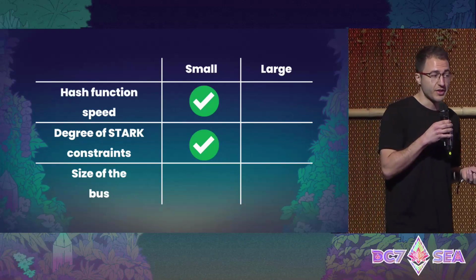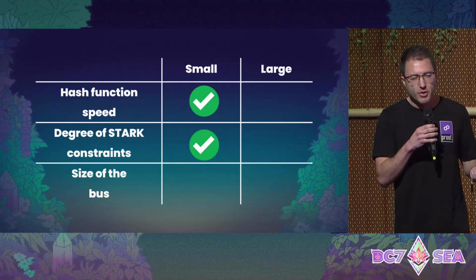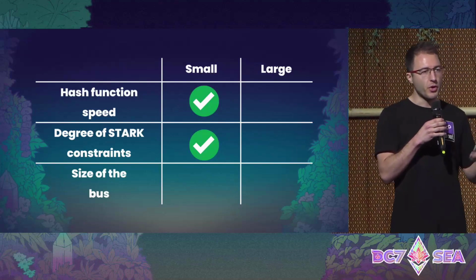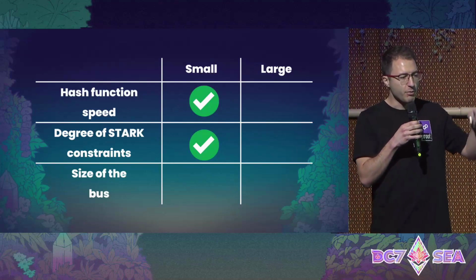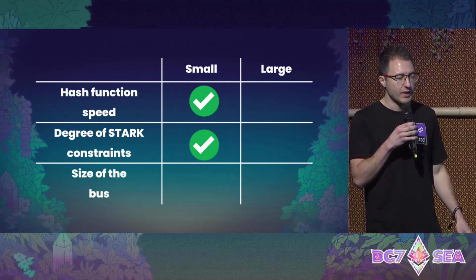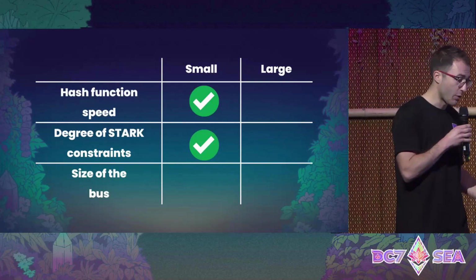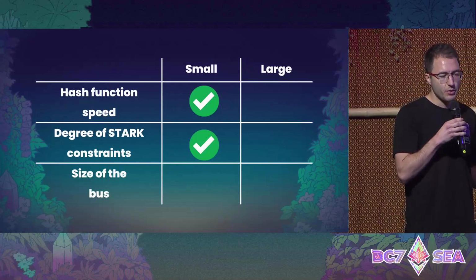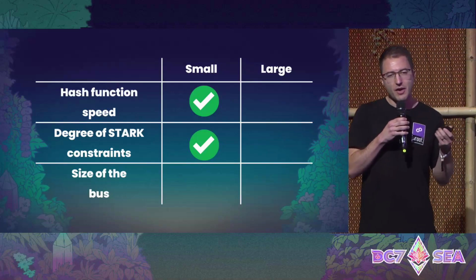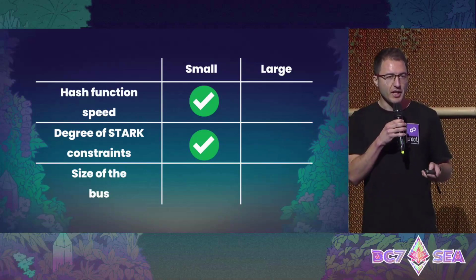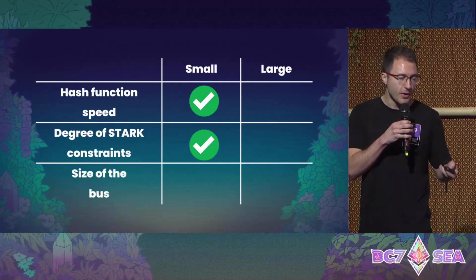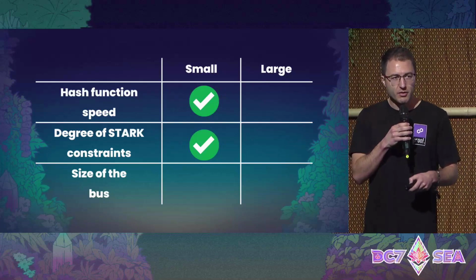The last parameter is the size of the bus. By size of the bus, we really mean how many fractions per row are you adding? That K from the previous equation. If you have a very large bus, meaning you're adding a bunch of fractions per row, you're going to need a lot more columns.